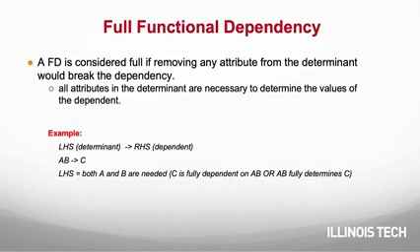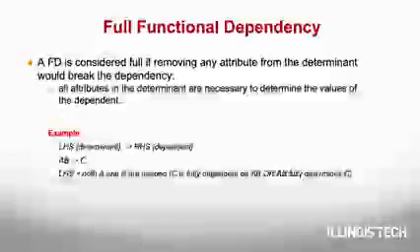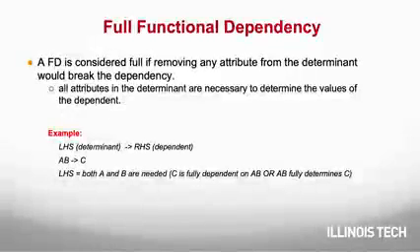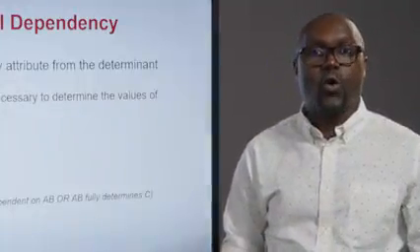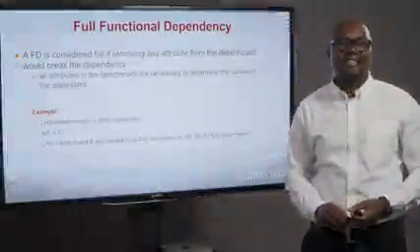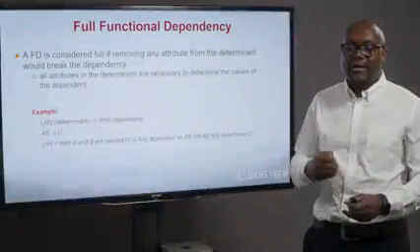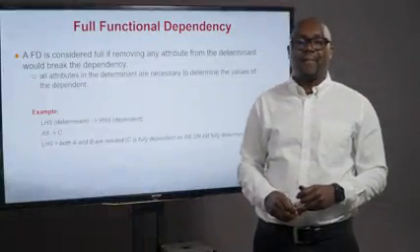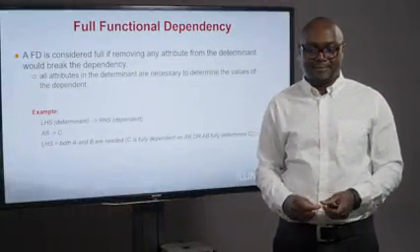Still concentrating on the left-hand side, we say that both A and B are needed because we're talking about the full dependency, where all attributes of the determinant are necessary in that functional dependency. If we want that functional dependency to hold, we need both attributes, A and B. So you can say C is fully dependent on AB, or AB fully determines C.